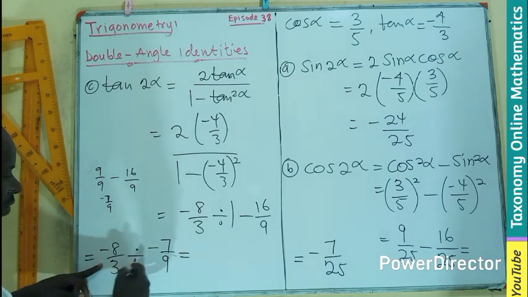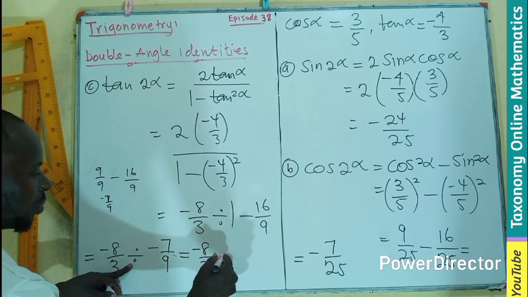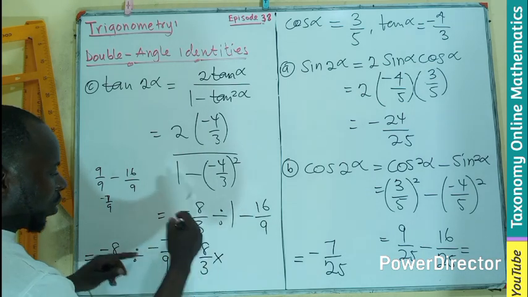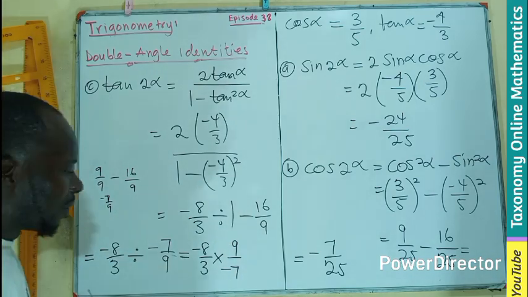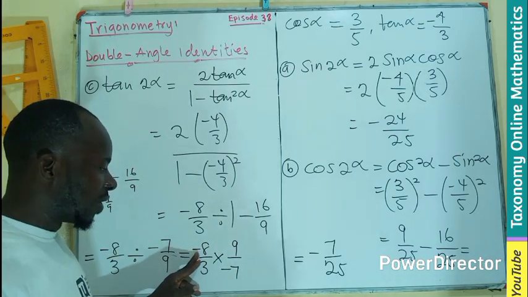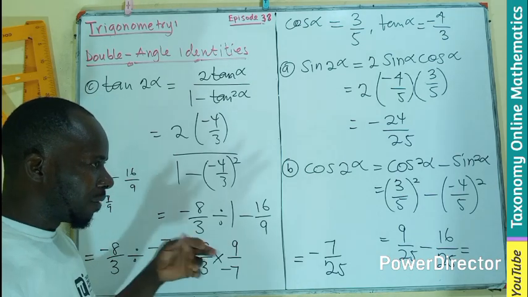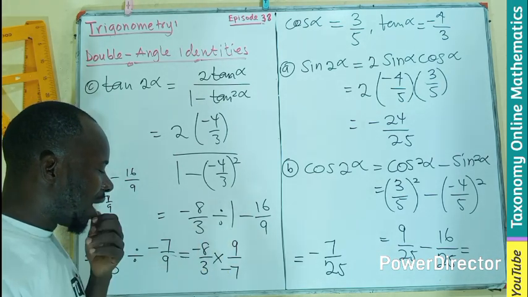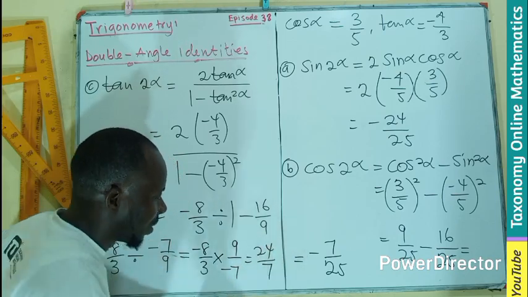This is the same as minus 8 on 3. We change this to multiplication. Then we reciprocate this, 9 on negative 7. Remember, this negative and negative will cancel. This 3 will be going here. That will be 3 times 8, which is 24 divided by 7.